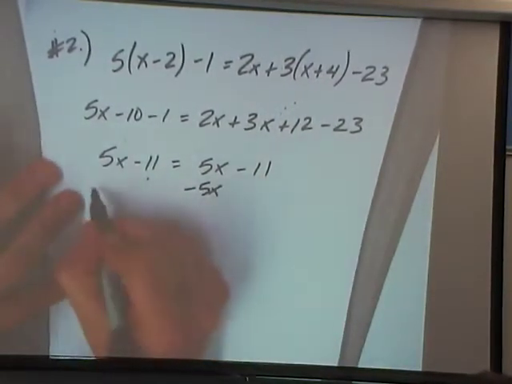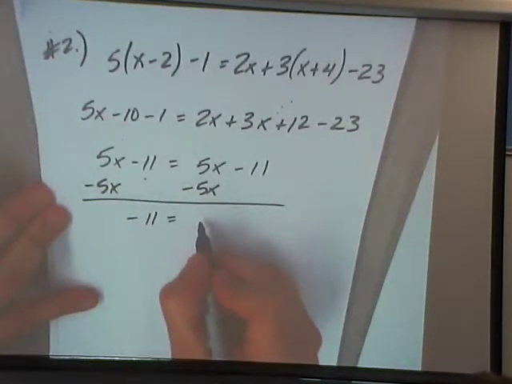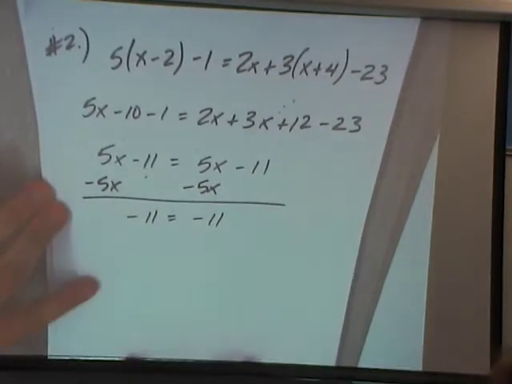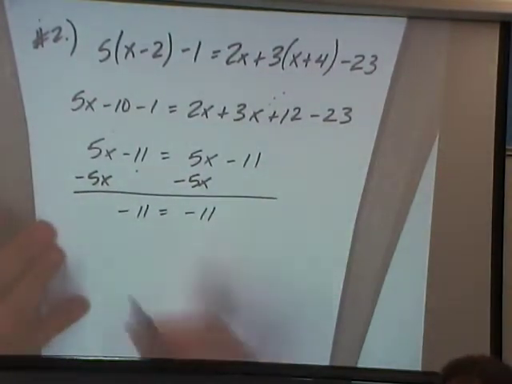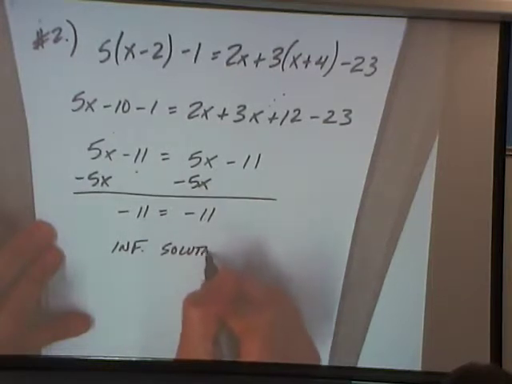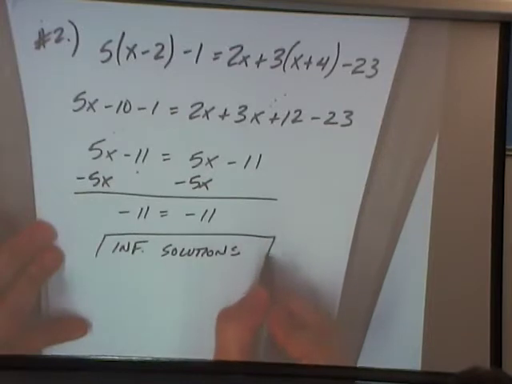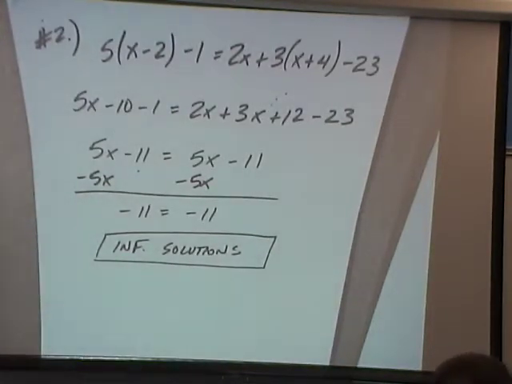Subtract 5x from both sides. We end up with negative 11 equals negative 11. When's that true? Always. Always, right? Infinite solutions. That would be all real numbers. Infinite number of solutions would be more appropriate. Questions on that?